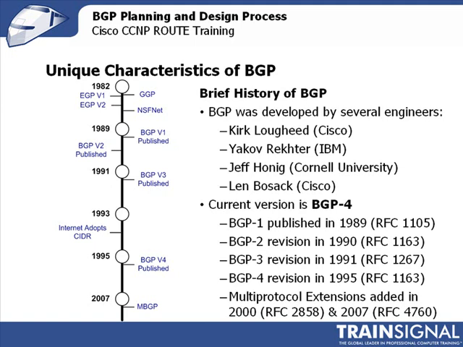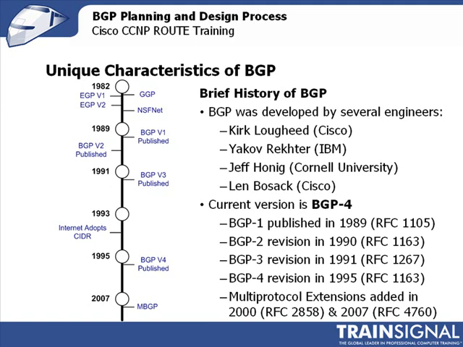But when BGP was being developed, Kirk Lougheed was actually listed on the RFC, along with Jacob Rekhter from IBM, Jeff Honig from Cornell University, and obviously Len Bosak. These were people that were all mentioned in the document. The current iteration of BGP, which stands for Border Gateway Protocol, is BGP4. Version 1 was published in 1989, RFC 1105. Obviously, there was a need for revising it.